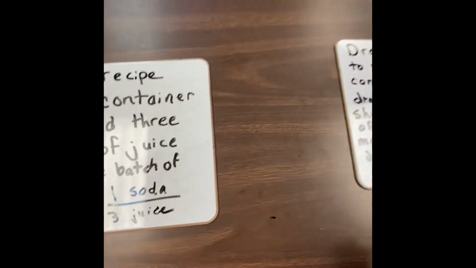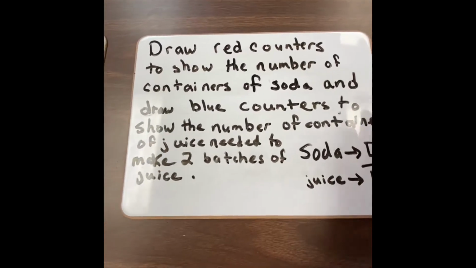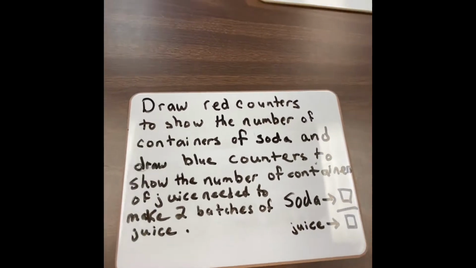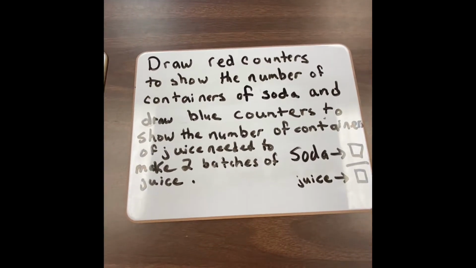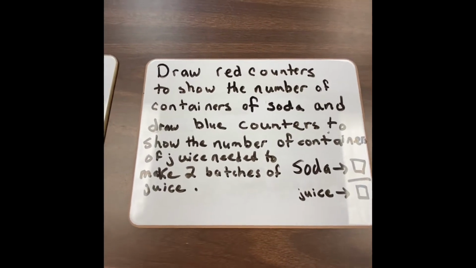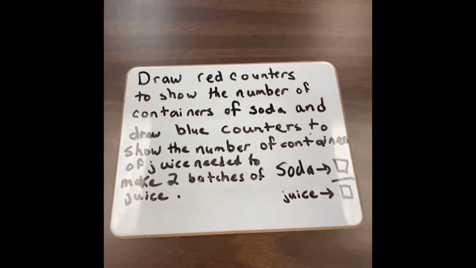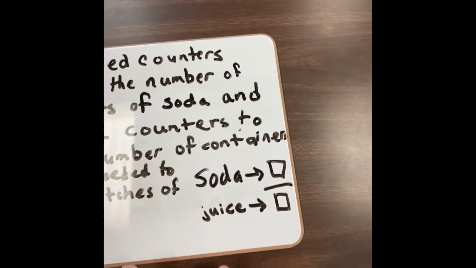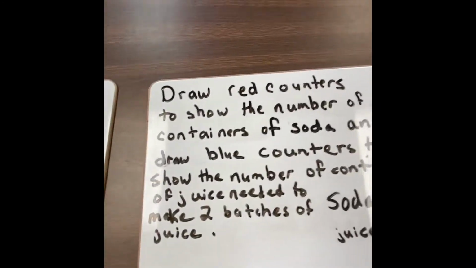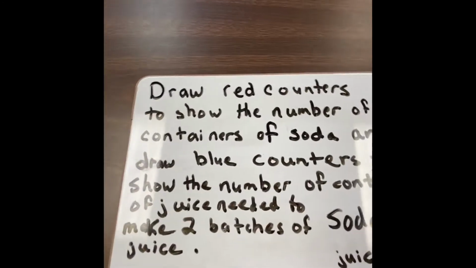Now, let's look here at this problem. It says draw red counters to show the number of containers of soda and draw blue counters to show the number of containers of juice needed to make 2 batches of punch. So I have a red and a blue marker. So we have to draw using the red marker.